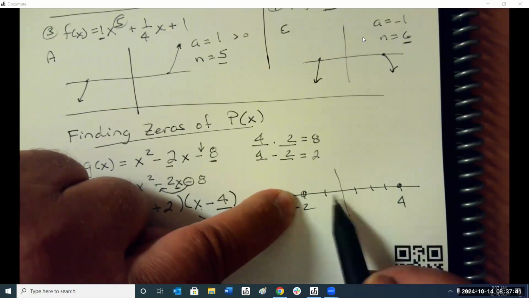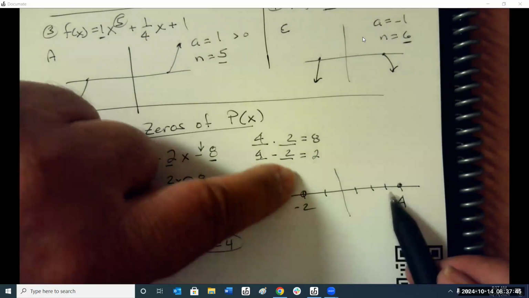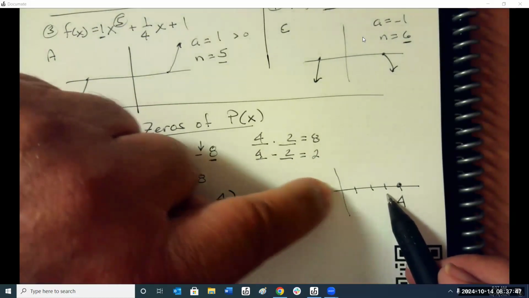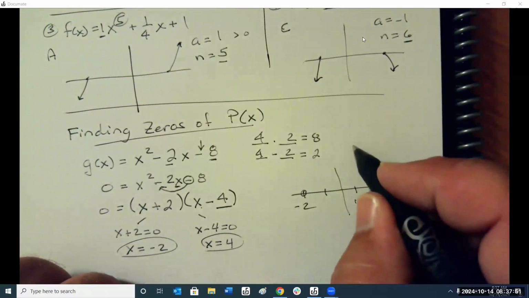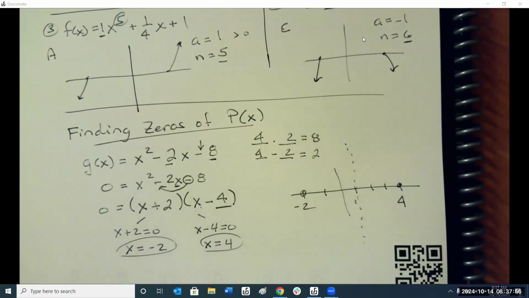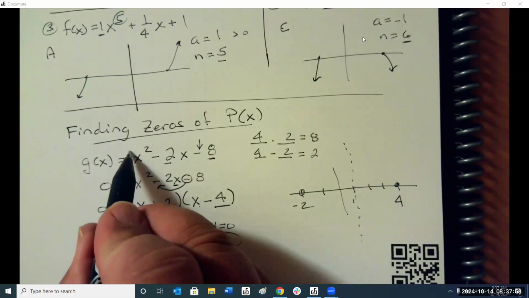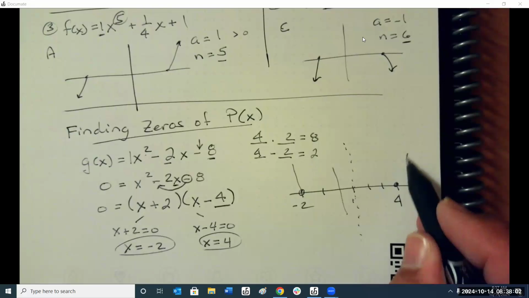So find the number that's halfway between -2 and 4. So we have -1, 0, 1, 2, 3. So 1 is our axis of symmetry. Since a is 1 and positive, we know the graph will look like this.